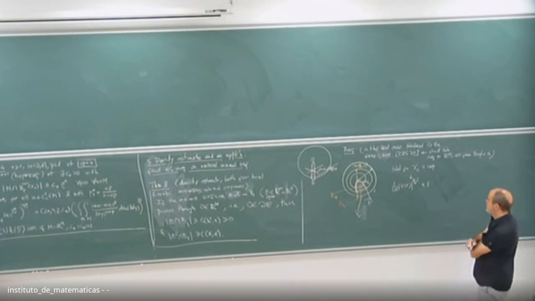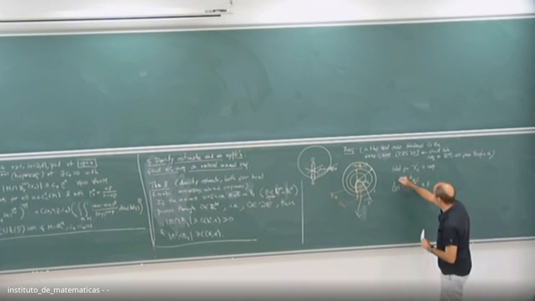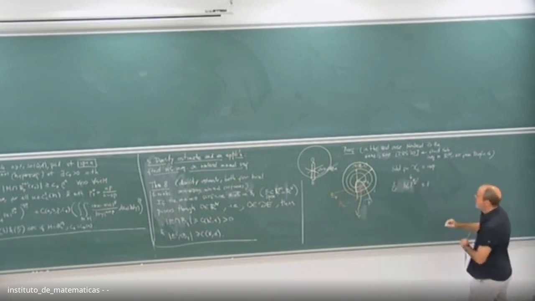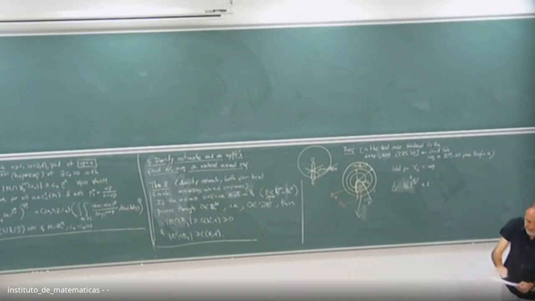Yes, let's use this notation. Here it will be written a little differently, but you will understand. Let's keep this notation. It's less than the perimeter of this set here.